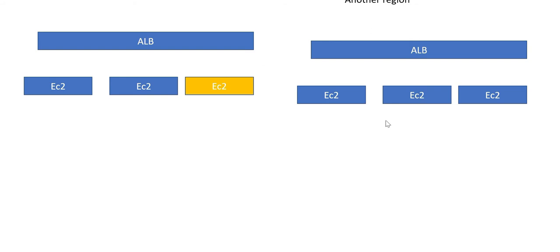If you have users accessing this from Europe, you want to route to the application in this region and not this region. That's where latency routing comes into play. Now if North American users are accessing it, it's wise to do latency routing to the North America region.